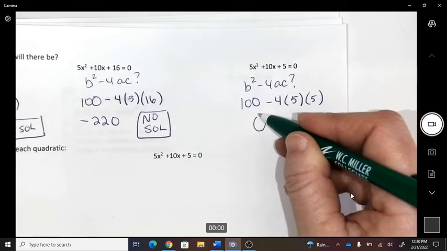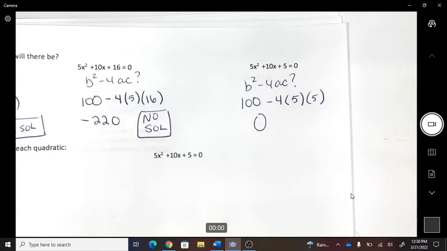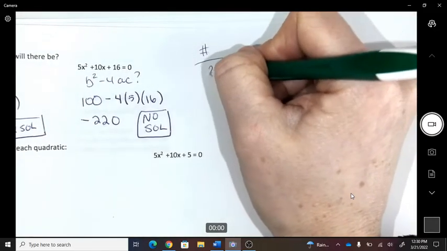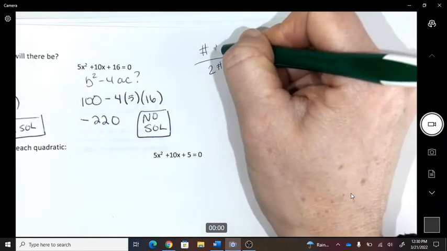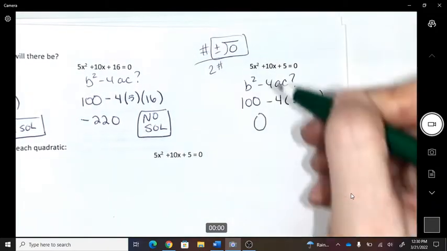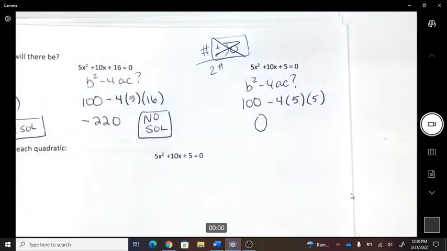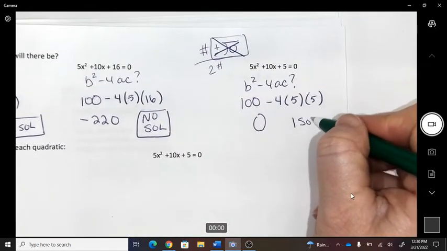Did you get 0? So think about putting that into your formula. You would be having plus or minus the square root of 0, which is irrelevant. You're not going to change anything. So you're going to have one solution.